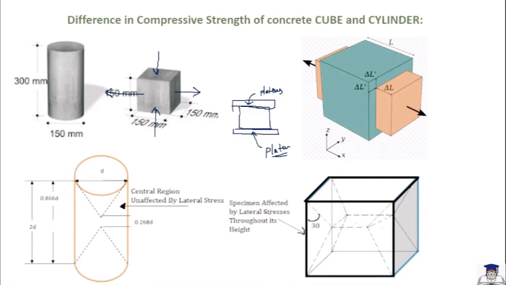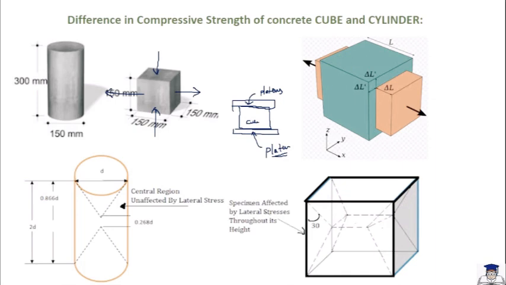But since these platens are exerting compressive force on this concrete cube, there is friction developed between the platen and the top and bottom layers of the concrete specimen. Because of that friction, this concrete tries to undergo lateral displacement, to expand in the lateral direction, but the platen will not allow this concrete cube to expand laterally because of the friction between them.